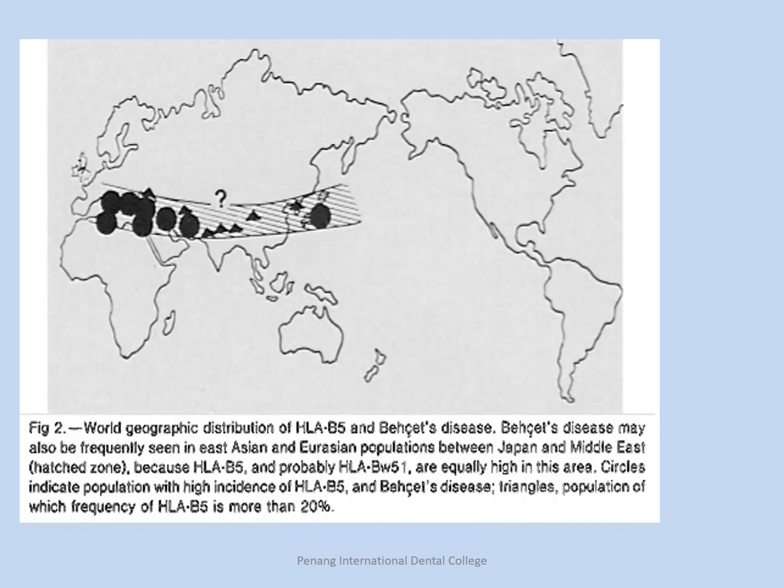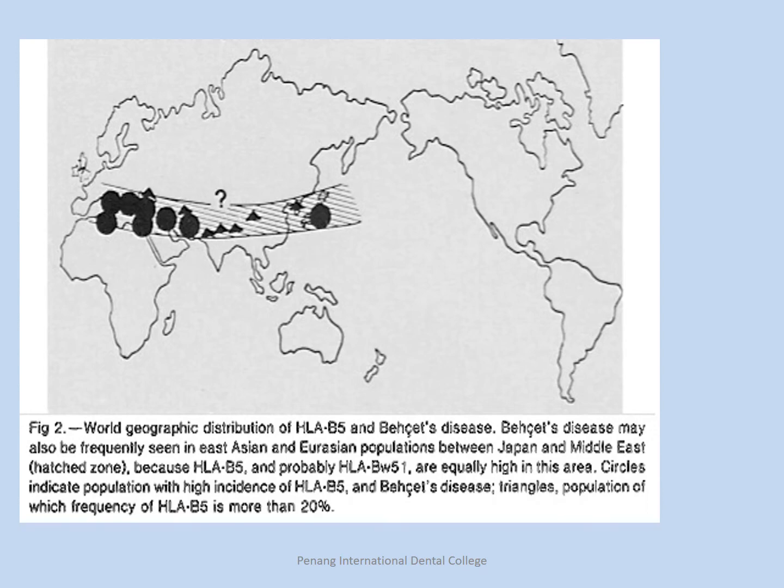This is an infographic of the world geographic distribution of Behcet's disease. Behcet's disease, as I told you, is an immune dysregulation associated with HLA-B5. It has been noticed that this is frequently seen in East Asians and Eurasian populations between Japan and the Middle East.